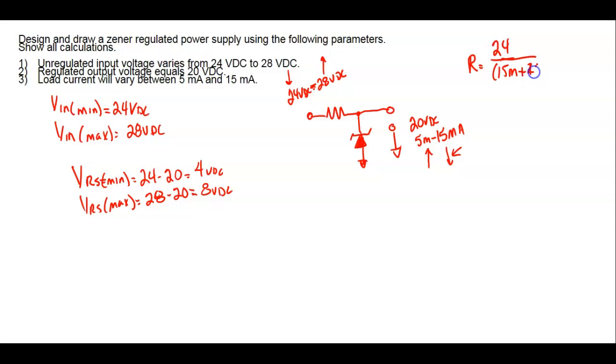The only data sheet we have is for the 1N4700 series. So we looked up a 1 watt, 20 volt Zener. What's the part number? 1N4747. And it's 250 microamps.